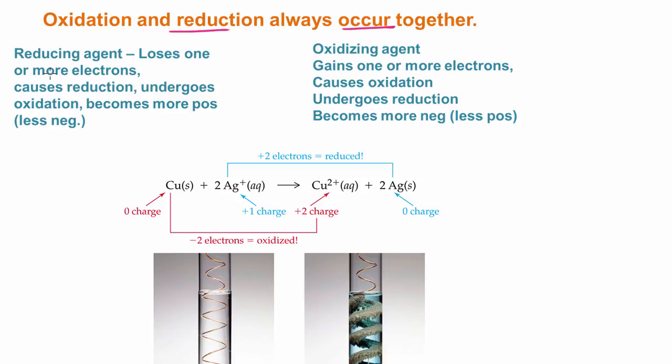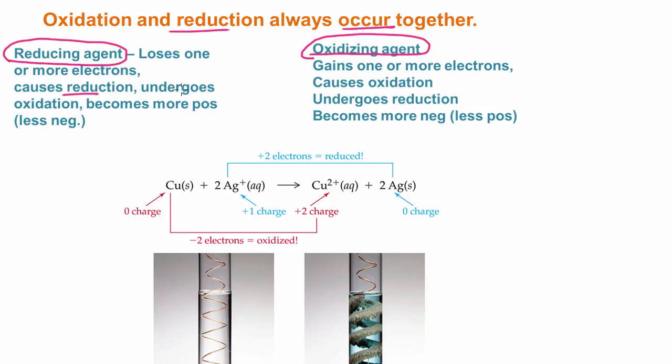Now, let's talk a little bit about reducing agents and oxidizing agents. I'll tell you right now, the reducing agent is the substance that is oxidized, and the oxidizing agent is the substance that's been reduced. So a reducing agent is going to lose one or more electrons.